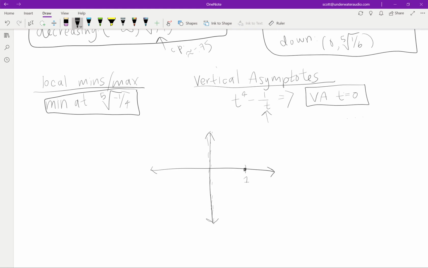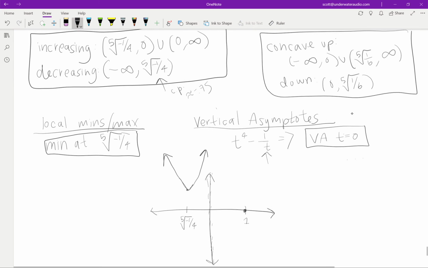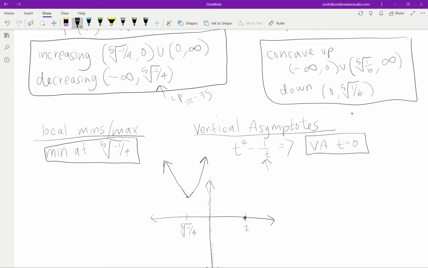It's got an x-intercept. And then I know there's a minimum at the fifth root of negative 1/4, which I'll just put right there. So something like that. And then I'll connect it up with my vertical asymptote to look like that. Something like that, because I need it to be decreasing from left to right.